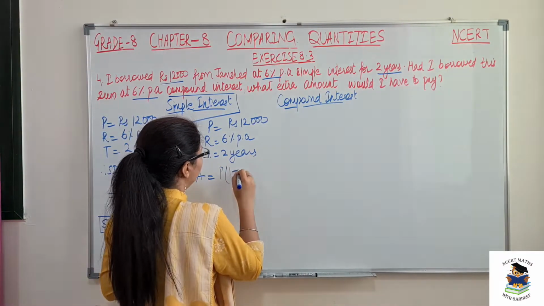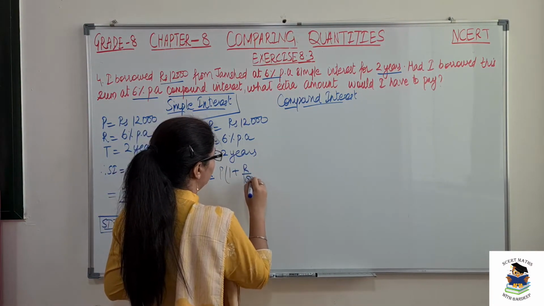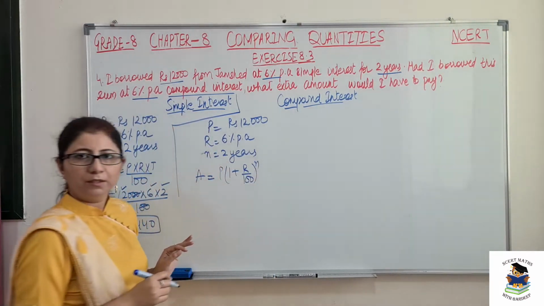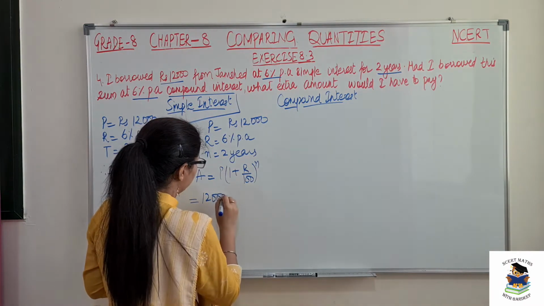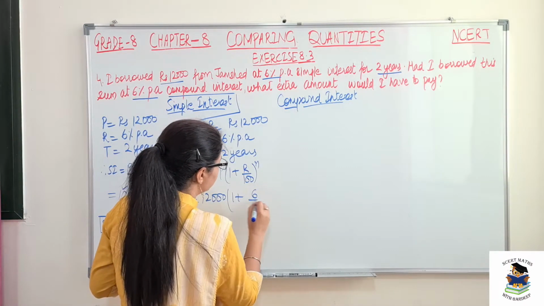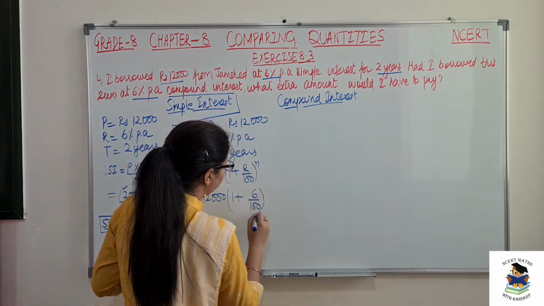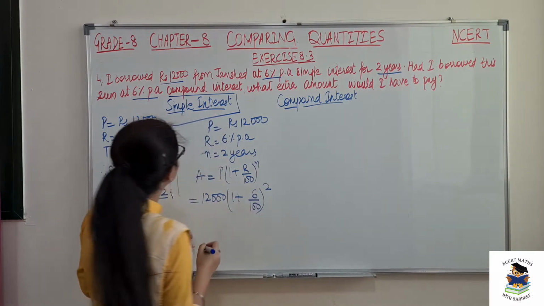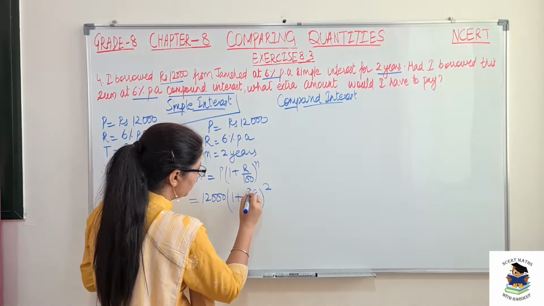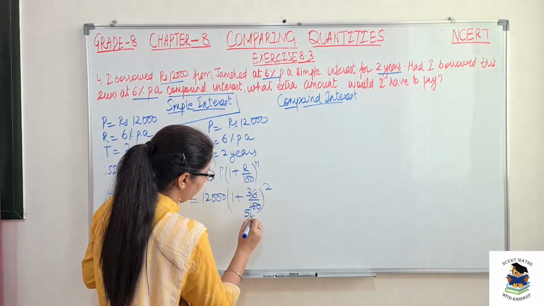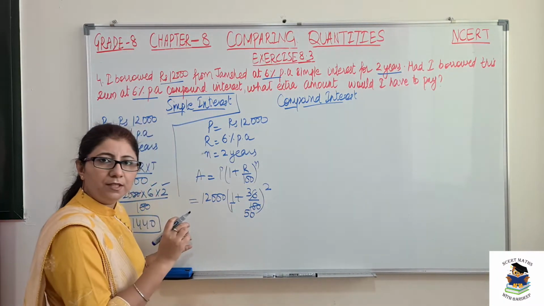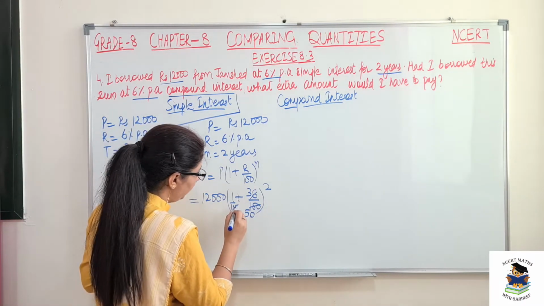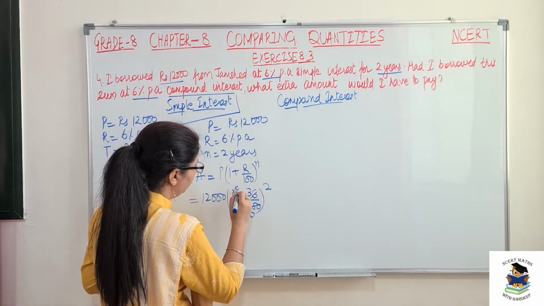So P into 1 plus R by 100 raised to power n. Let's put the values: 12,000, 1 plus 6 over 100 raised to power 2. So this will be cancelled, 3 and 50. Since the LCM of 1 and 50 is 50, I will multiply numerator and denominator with 50.